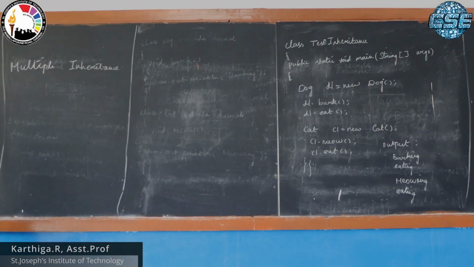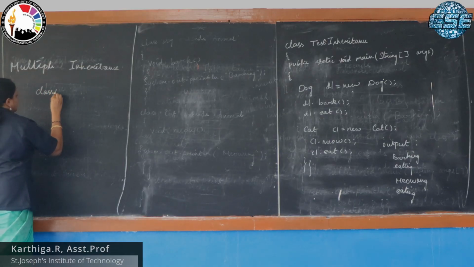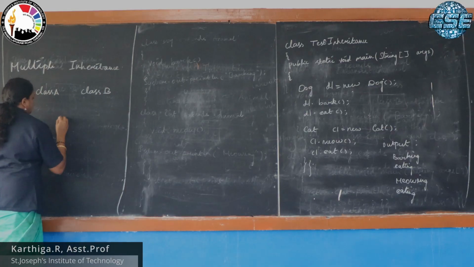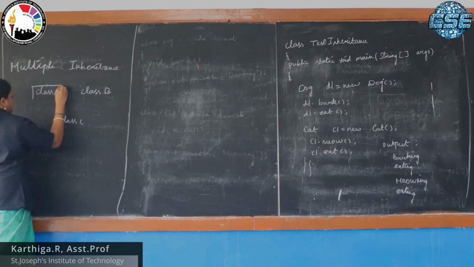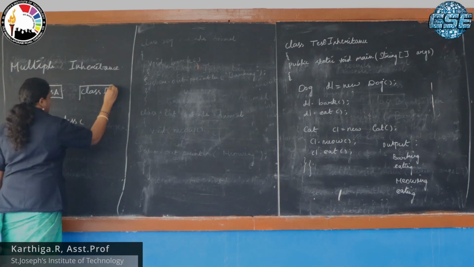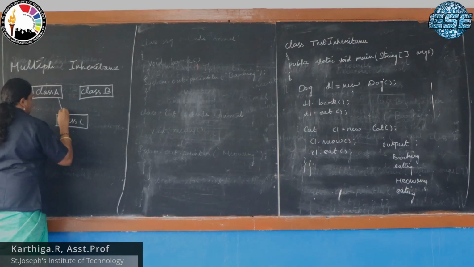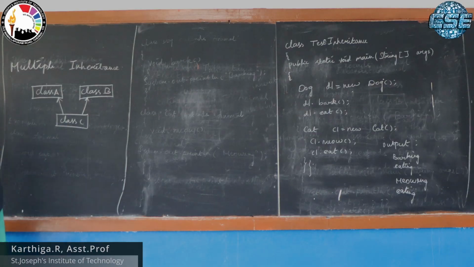Multiple inheritance has two parents, one child. Let's see the example.